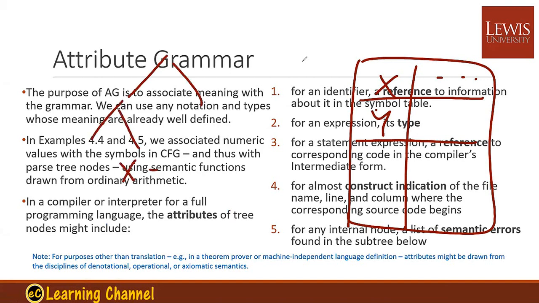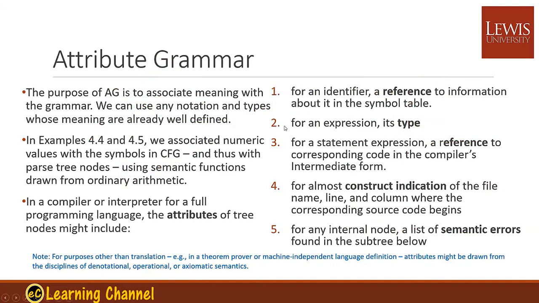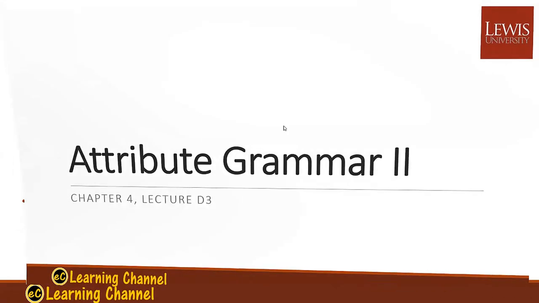And you see X will be pointing to here. If it's an expression, it may actually have a value. So here maybe it is an integer, and that is the type, right? Is that okay? Yes. Something like that. We will see this in more detail. So it's what this attribute grammar says.